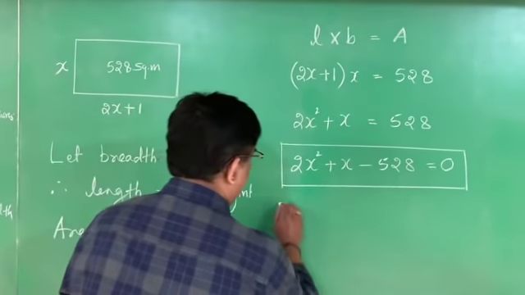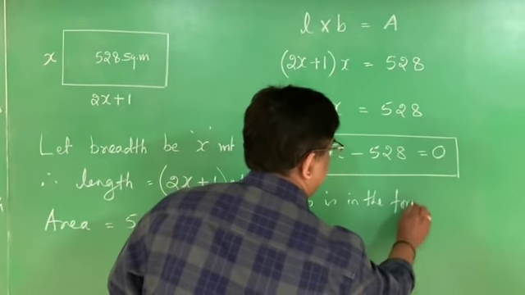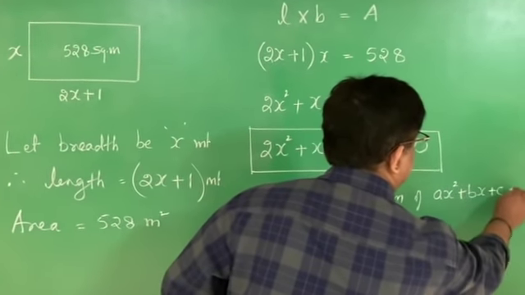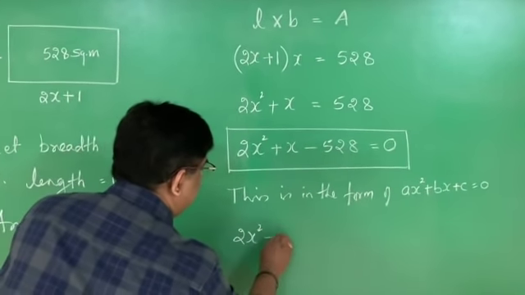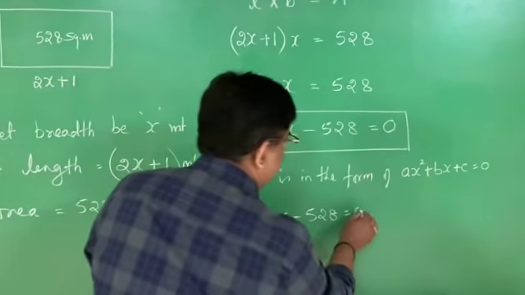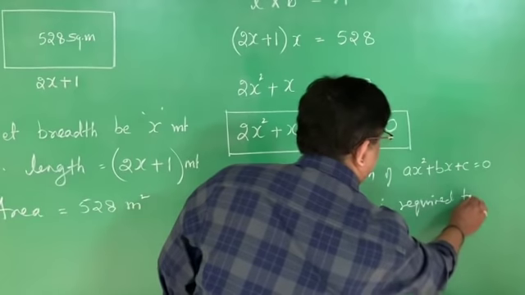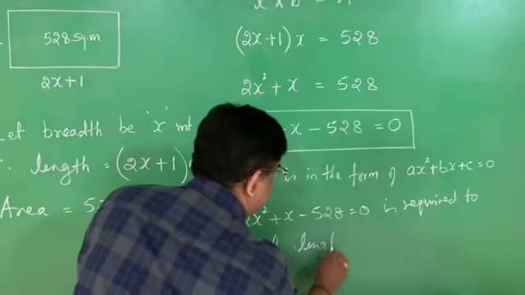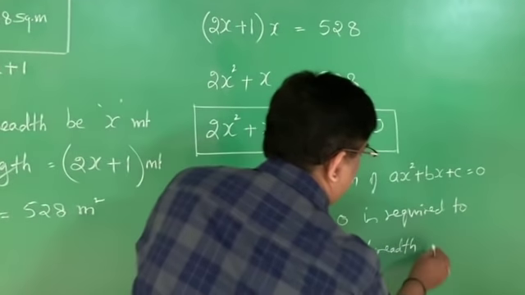Therefore, this is in the form of ax square plus bx plus c is equal to 0, and 2x square plus x minus 528 is equal to 0 is required to find length and breadth of the rectangular plot.